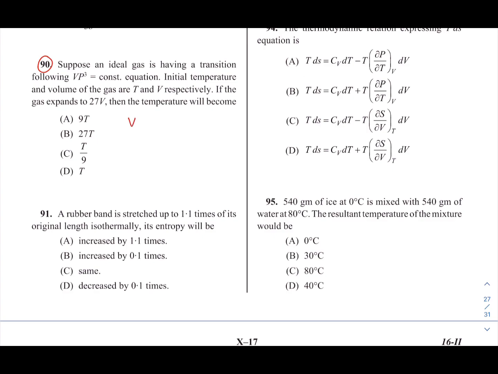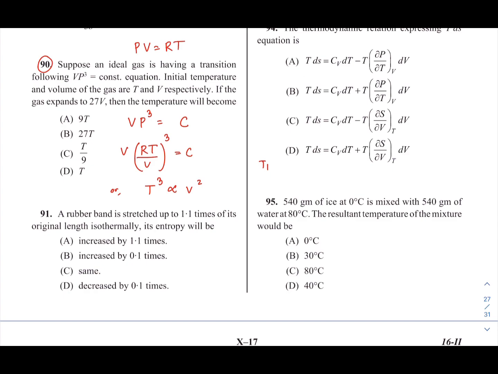So it's given that V P cubed equals a constant C, and we use the ideal gas equation PV is equal to RT to eliminate P here. So V times (RT by V) whole cubed is constant, or T cubed is proportional to V squared.